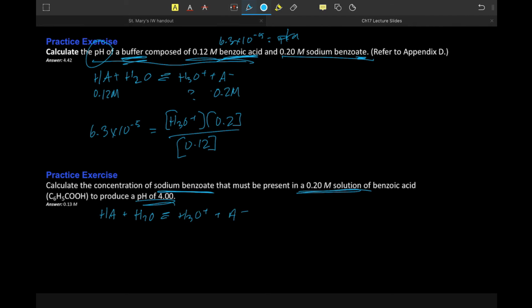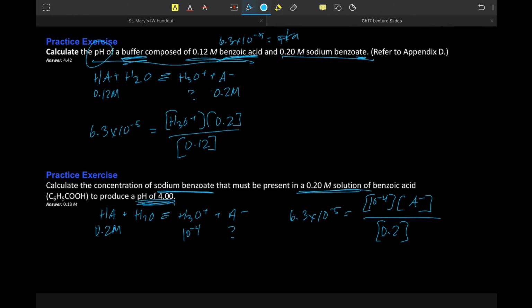I know that 0.2 molar benzoic acid and a pH of 4 means H3O plus is 10 to the negative 4, and I'm looking for A minus. So I would set this up as 6.3 times 10 to the negative 5 equals 10 to the negative 4th times A minus over 0.2, and then solve for my A minus concentration. Does that make sense?